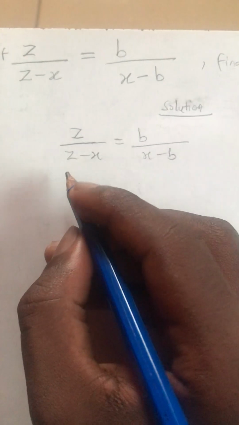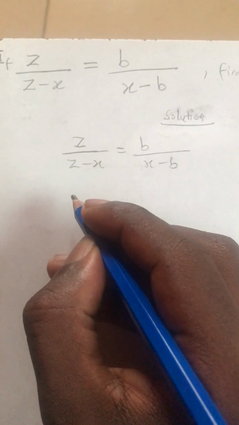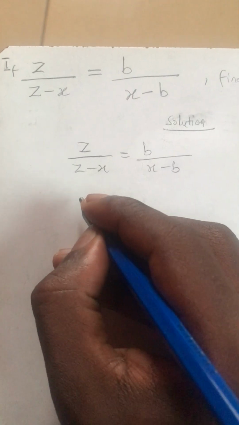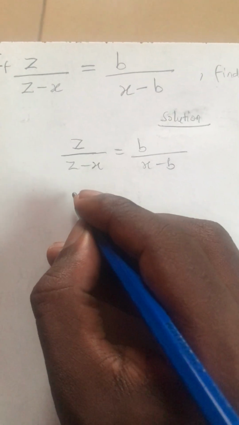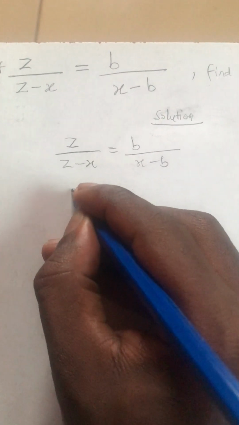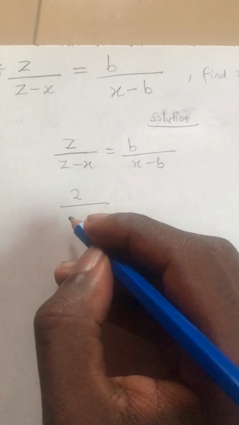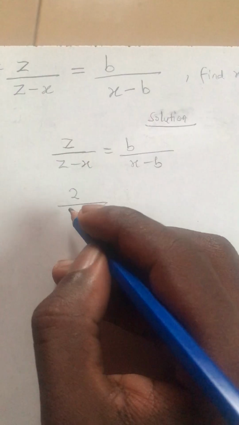So we have our given variables. We have the fraction z, which is represented by 2, over z minus x.